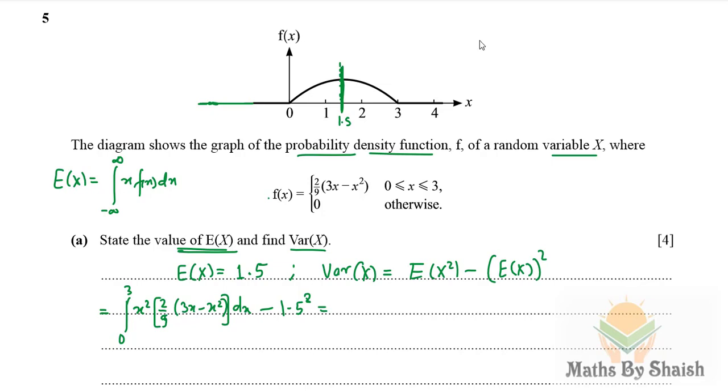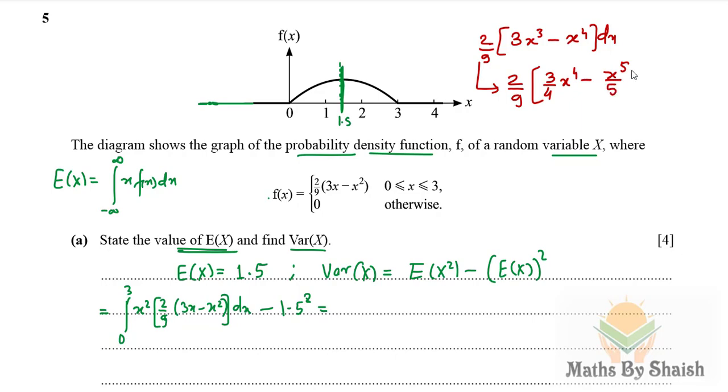If we simplify, we will get 2 over 9, and x square multiplied inside gives 3x cube minus x square into x square, x power 4, and its integration with respect to x is going to be 2 over 9 outside and 3 by 4 x to the power 4 minus x to the power 5 over 5, and the lower limit is 0, upper limit is 3, so we will replace that as well.